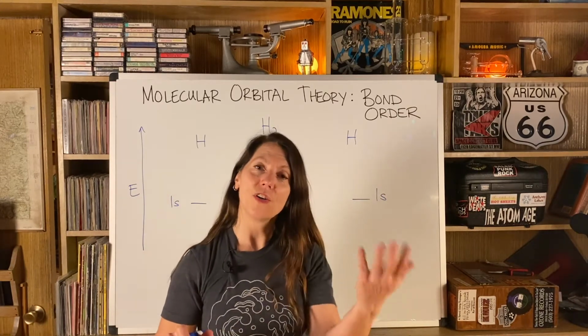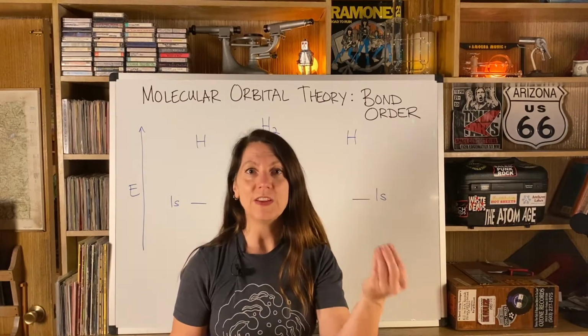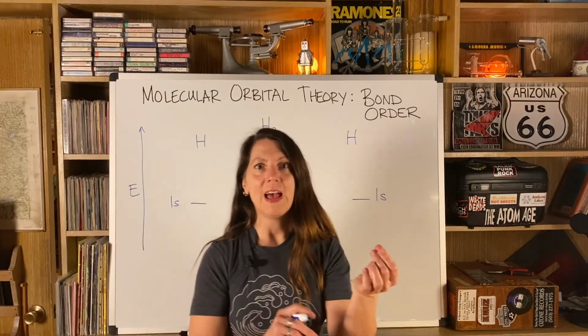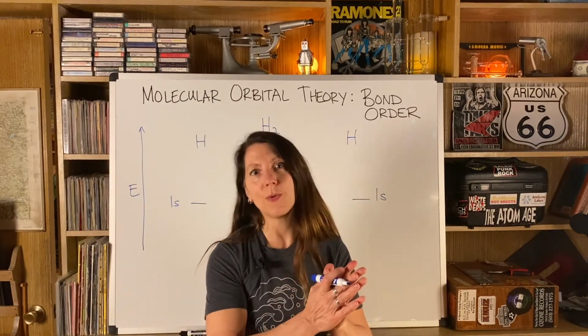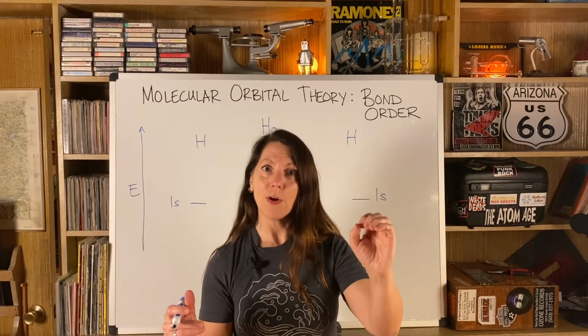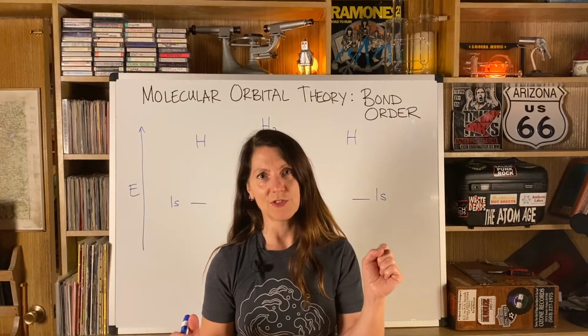Okay, alternately, we have this possibility where we have destructive interference. So if we think of electrons as waves and destructive interference is going on, then that means we will then have a zero amplitude and zero probability of finding an electron.